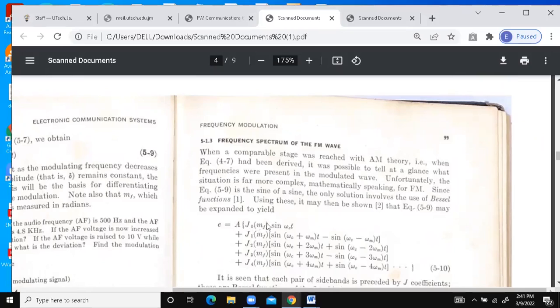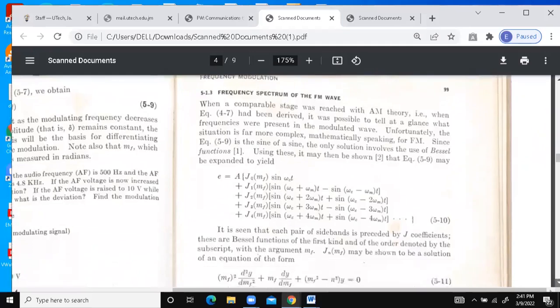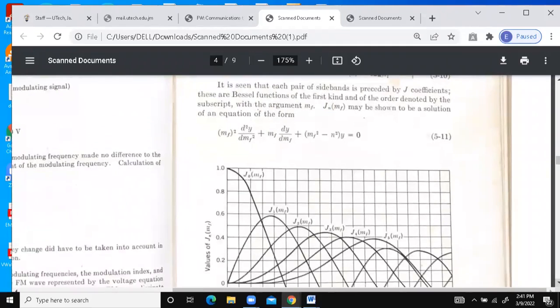You start with the basic carrier frequency, and you expand it into all these, and then you plot it.